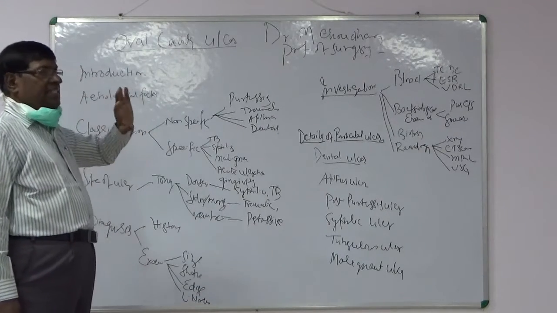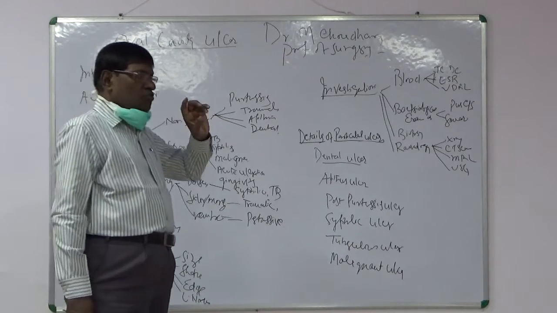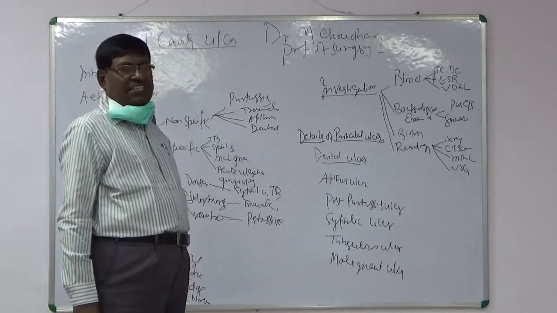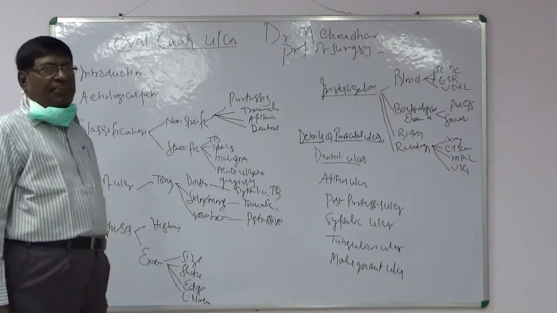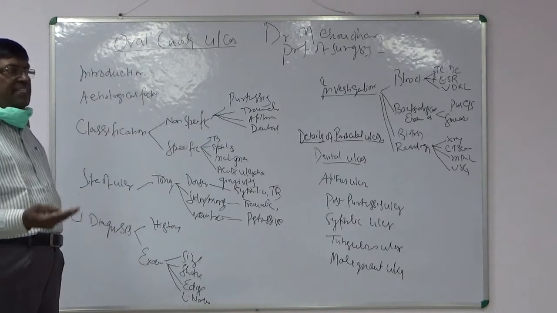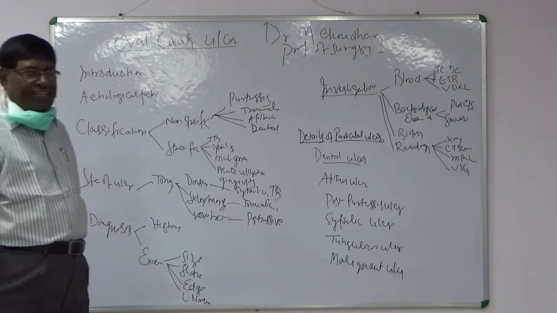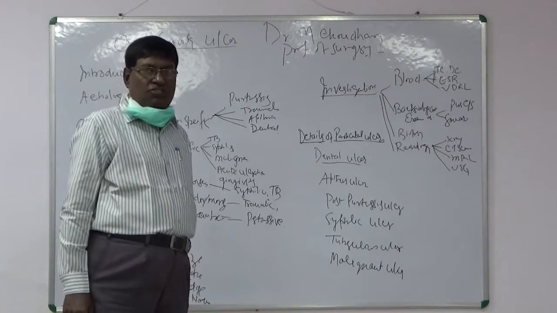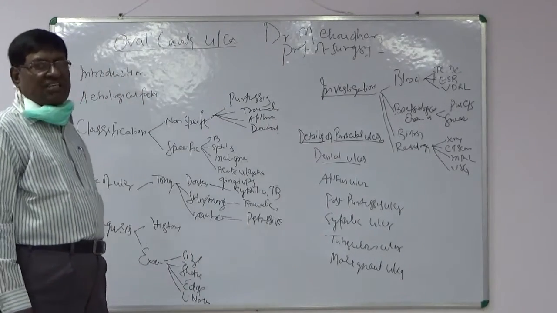The oral cavity itself has so much bacteria, commensal bacteria as well as opportunist bacteria, because the oral cavity is exposed to the environment and it is the initial part of our gastrointestinal tract.